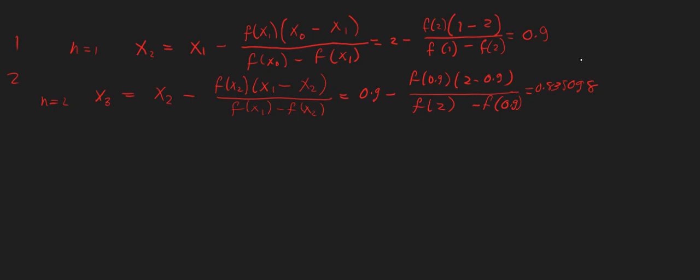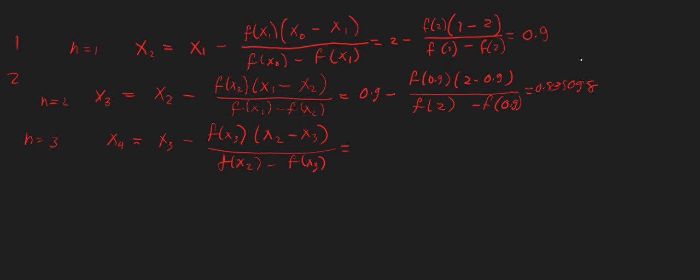So next now, x3. After x3, we have now n equals 3. So this will be x3 plus 1, so x4. Then xn, x3 minus f of x3 times x2 minus x3, n minus 1 minus xn, all over f of xn minus 1, x2 minus f of x3.